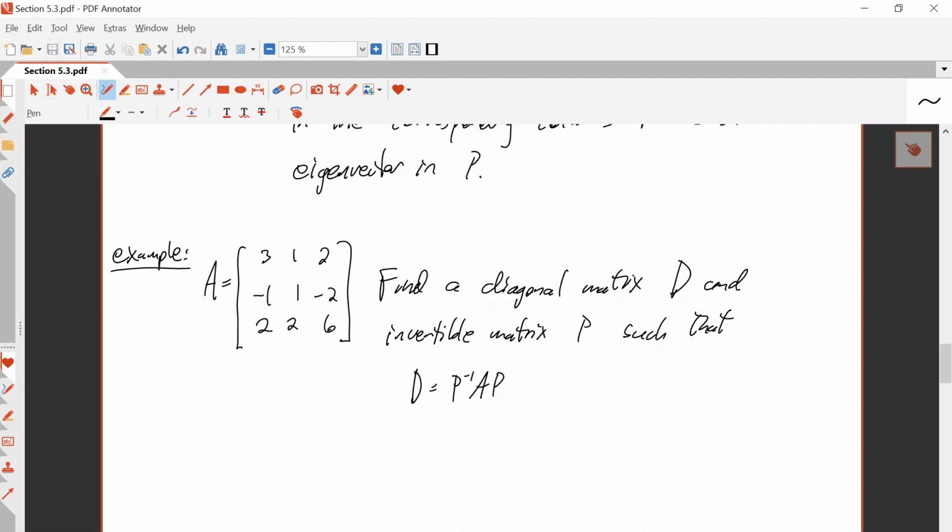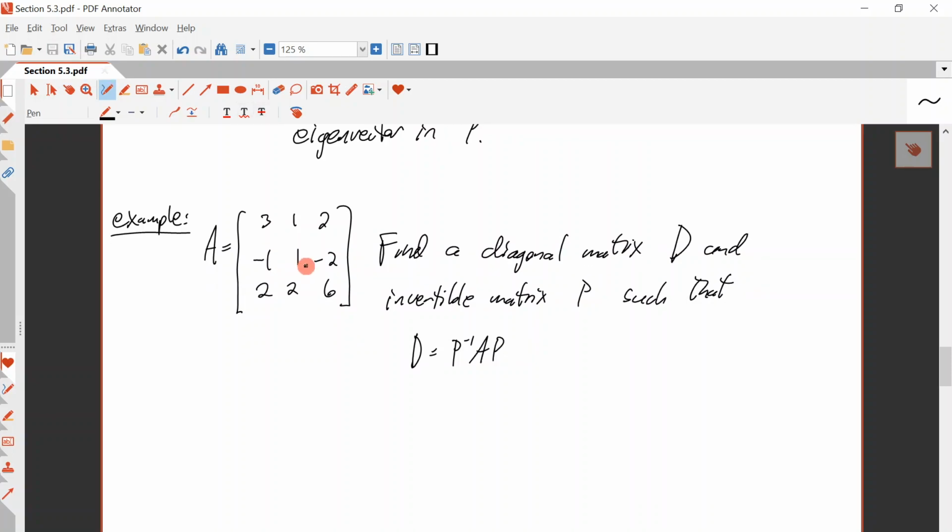Okay? So, here we go. First thing you've got to do is find the eigenvalues. So you have to calculate the characteristic polynomial. This is step 1.